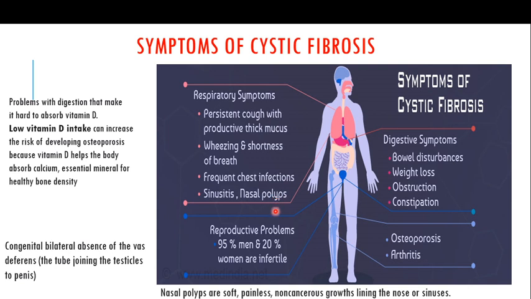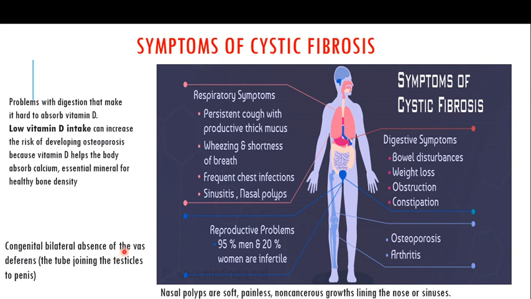There can also be reproductive problems in patients with cystic fibrosis, and 95% of the men and 20% of the women with cystic fibrosis are infertile. So when you talk about the men, the problem is that there is congenital bilateral absence of the vas deferens, and this is actually the tube which is joining the testicle to the penis.